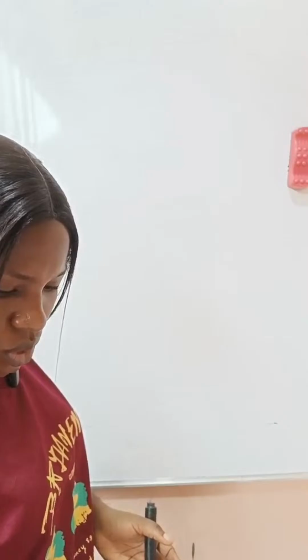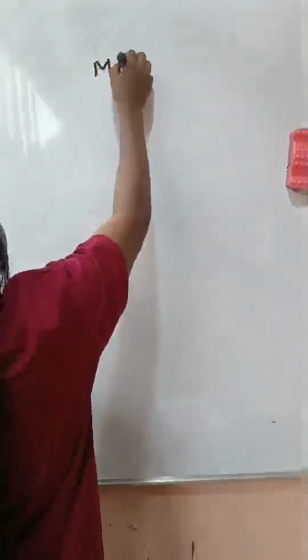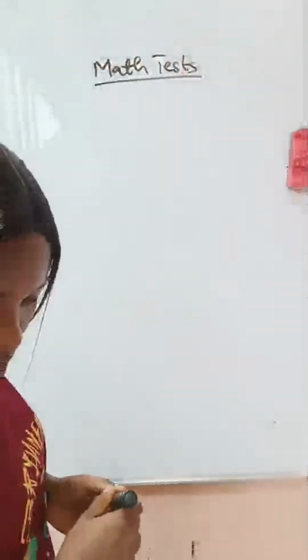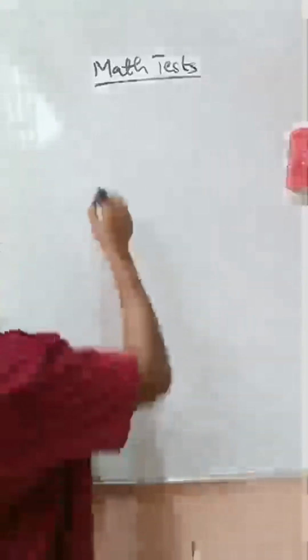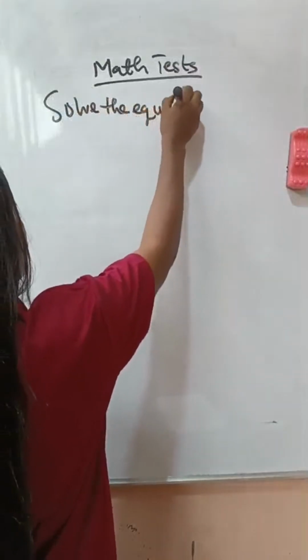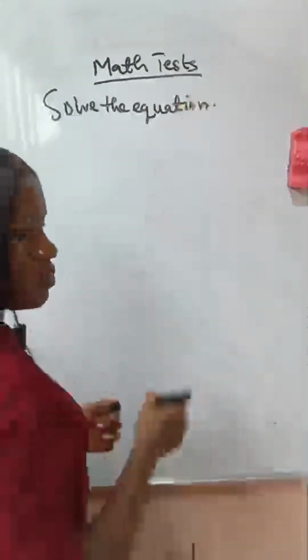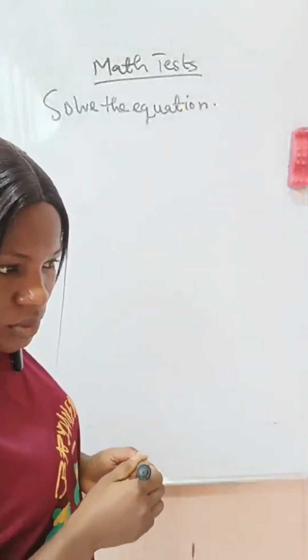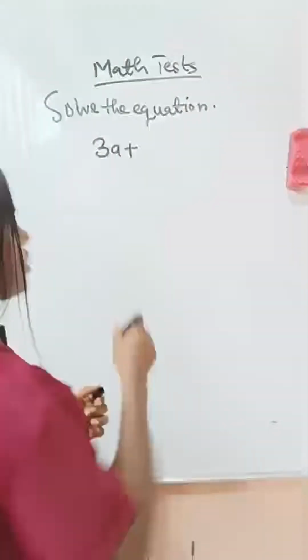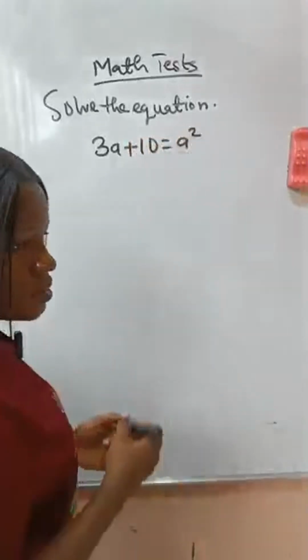We are asked to solve the equation 3a plus 10 is equal to a squared.